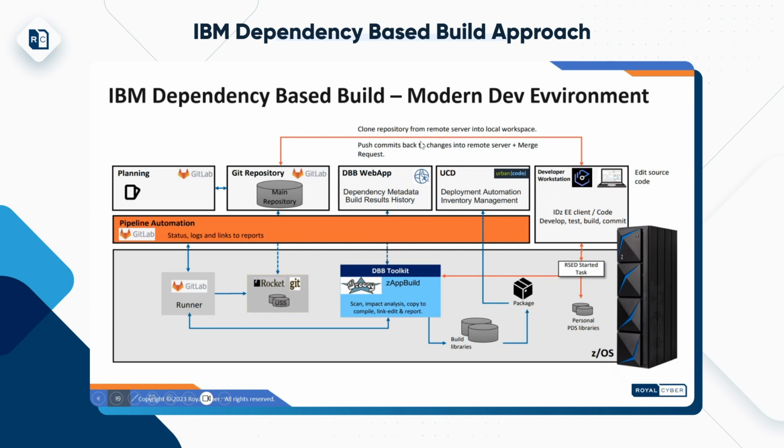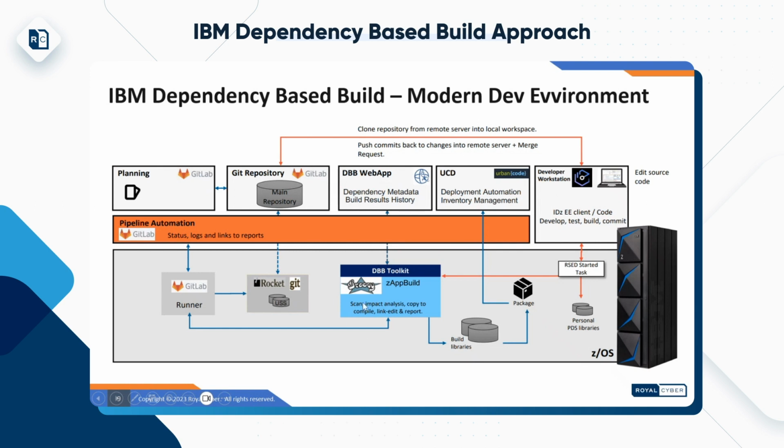Now our focus is on IBM DBB, which is a toolkit you can install on your mainframe operating system under your OMVS region, and which in turn has a web application which basically works as an interface to look at the dependency build results and the build histories.